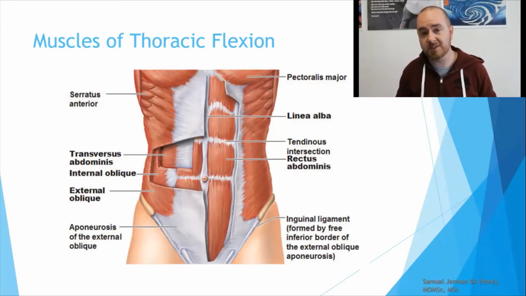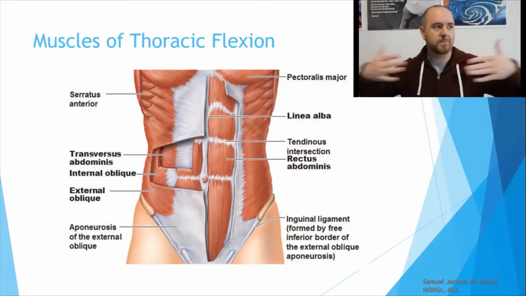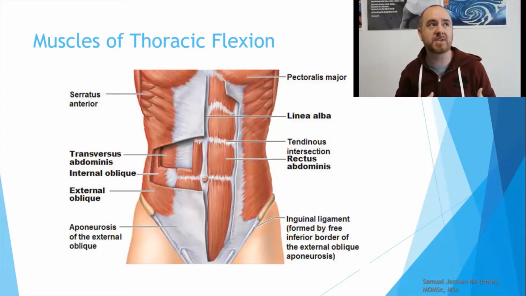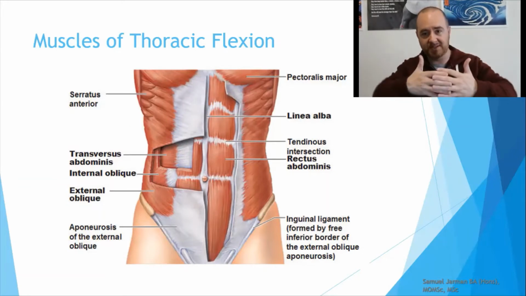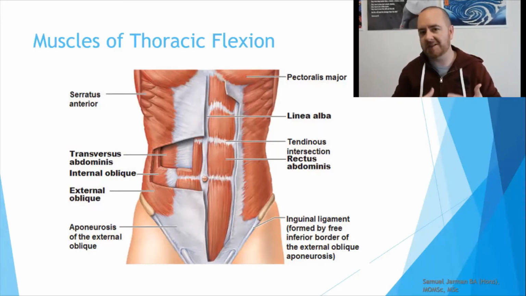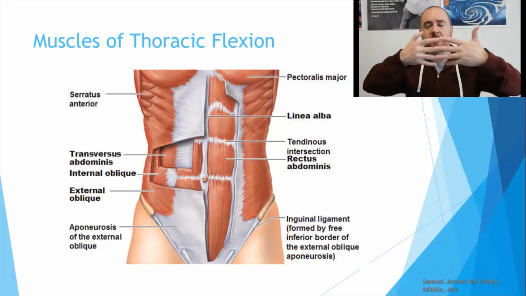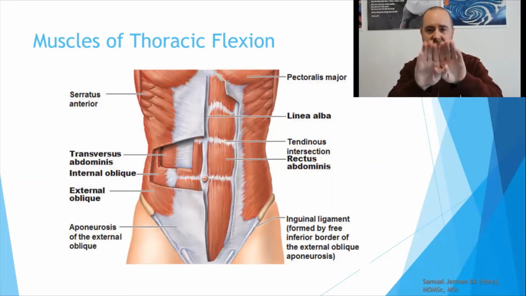Now the transverse abdominis, because it is essentially perpendicular to the motion, so the muscle fibers run this way, its primary function is to more or less pressurize the abdominal cavity or kind of contain it. So it's like a belt, it'll cinch everything up. It won't necessarily generate motion in the sagittal plane. Fiber direction won't allow it to do so, whereas the rectus abdominis is like this.